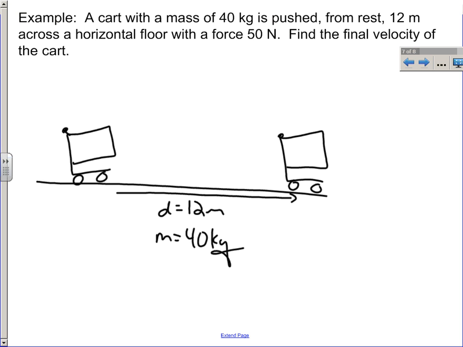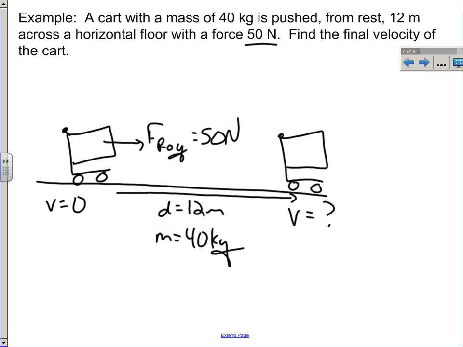It says it's being pushed from rest, so that means the velocity over here is 0. It doesn't say what's pushing it, so let's assume it's Roy again. So here's our force of Roy, 50 newtons. And we're trying to find the final velocity of the cart, so we're trying to find the velocity over here, right?